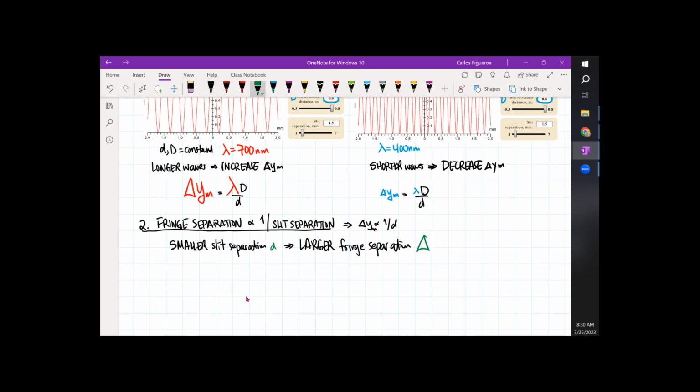In other words, this guy should be big because it's proportional to 1 over little d. On the other hand, if I have a larger slit separation, let's call that big D, then I should have a smaller fringe separation. This guy should be small because this guy is large.